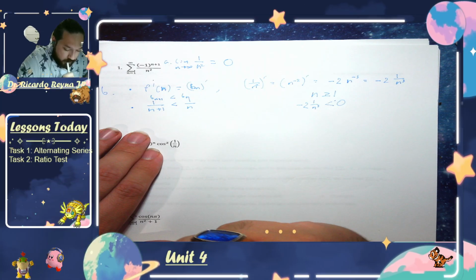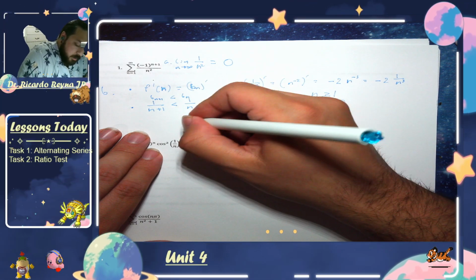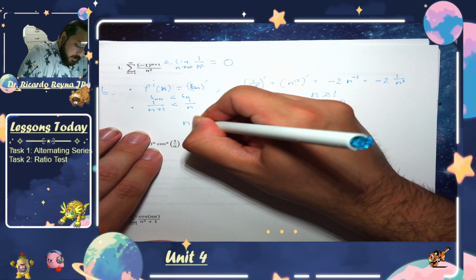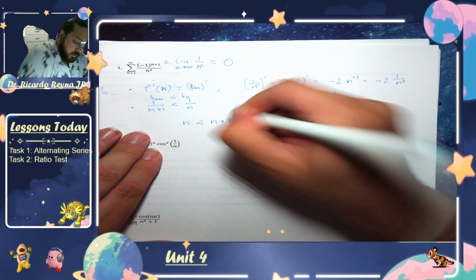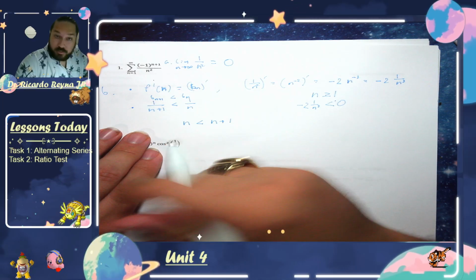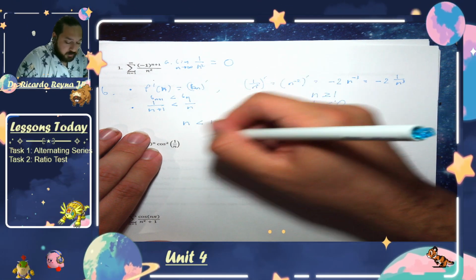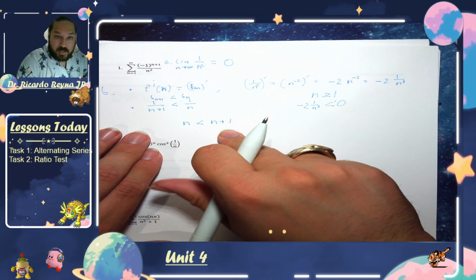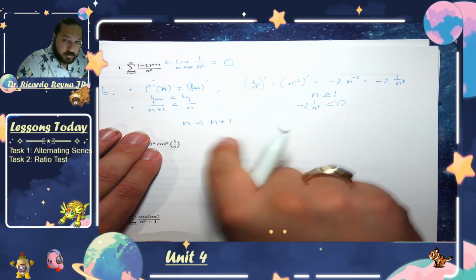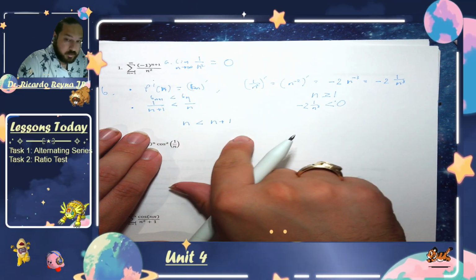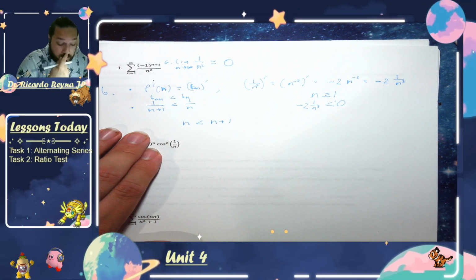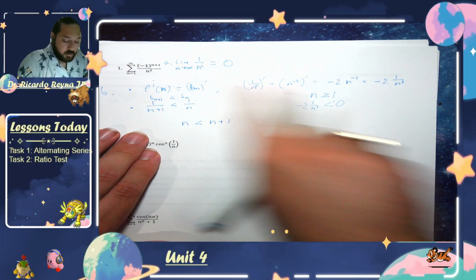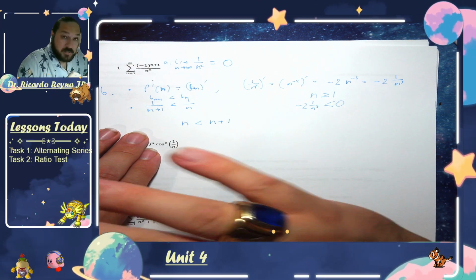Here, you'd probably just cross multiply, so you get n is less than n plus 1, which is just true, because if you add one thing to one side without adding it to the other, you make that term greater. So you can show it this way, or this way. It depends on your logic.